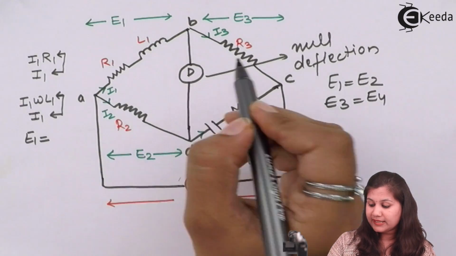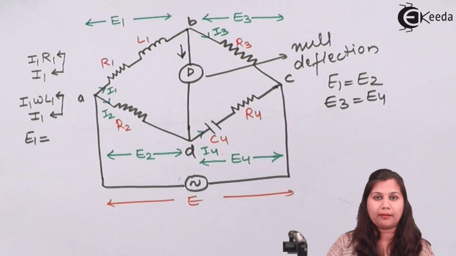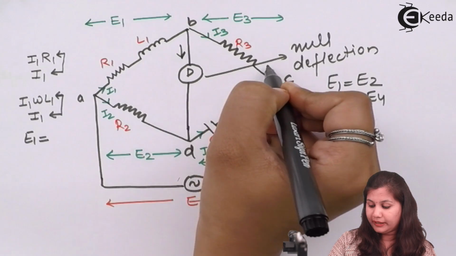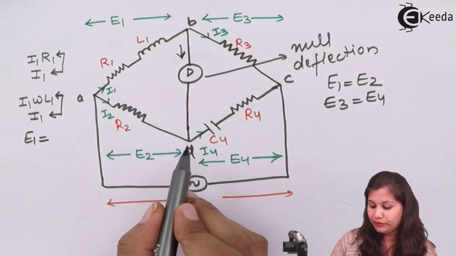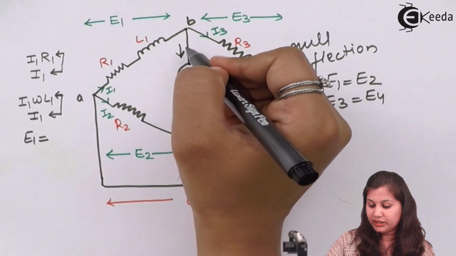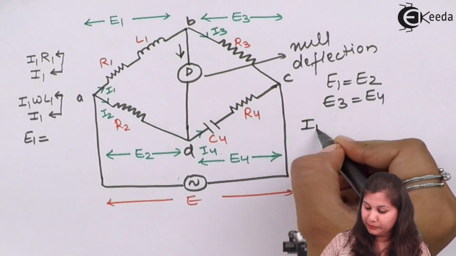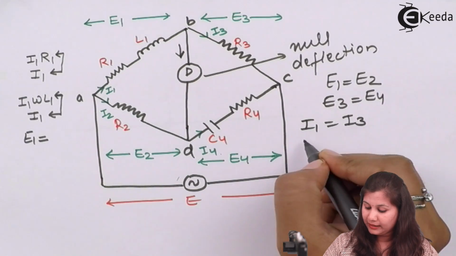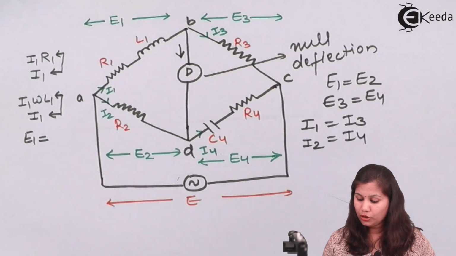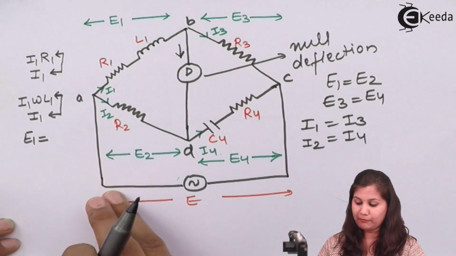Now this detector giving null deflection means no current is flowing in this arm, and I1 will be equal to I3. Also I2 will be equal to I4, because no current is flowing in this arm, so it will act as an open circuit. So I1 will be equal to I3 and I2 will be equal to I4. We are going to use these relationships in our phasor diagram also.